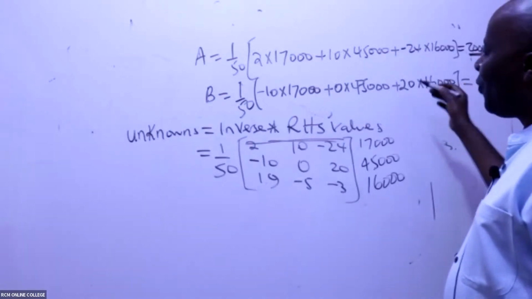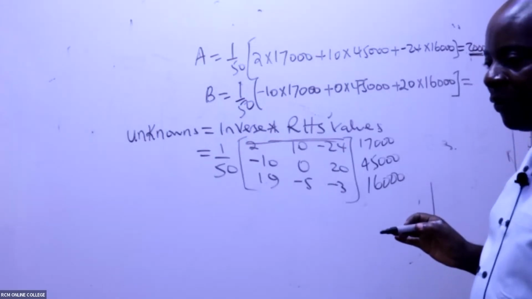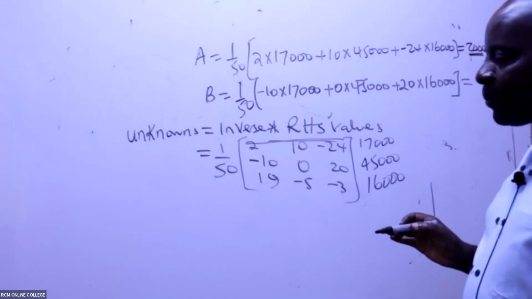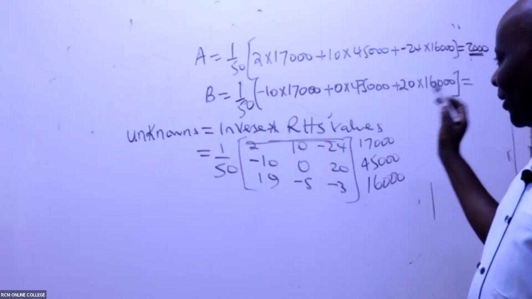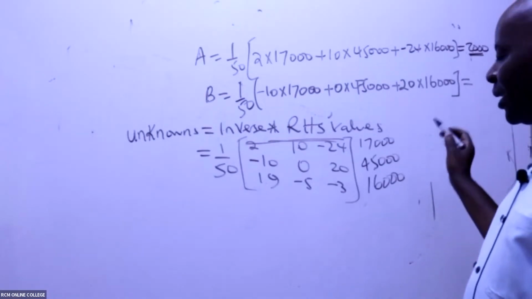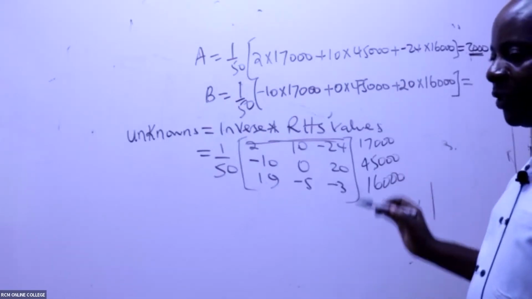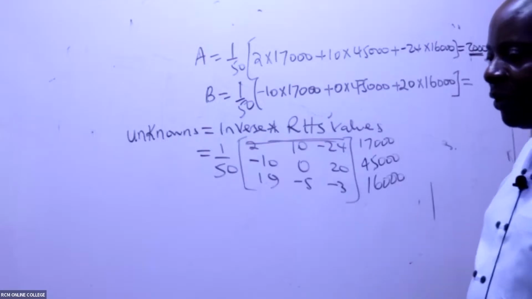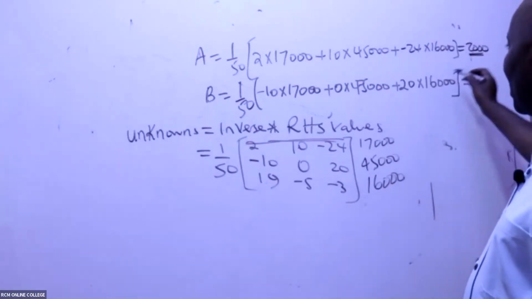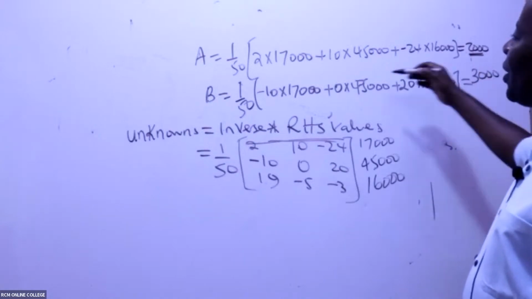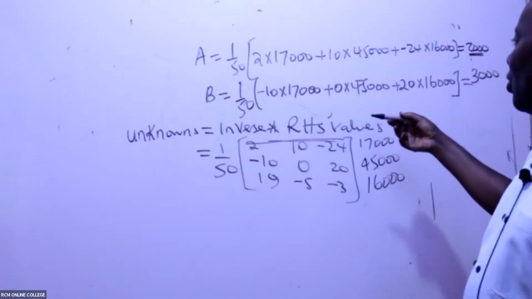Finish what we have in brackets, then divide by 50. Delamere is giving me a figure of 3,000. Dividing by 50 is the same as saying times 1 over 50. Then now you go to C.